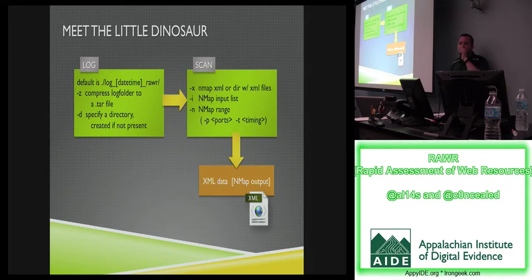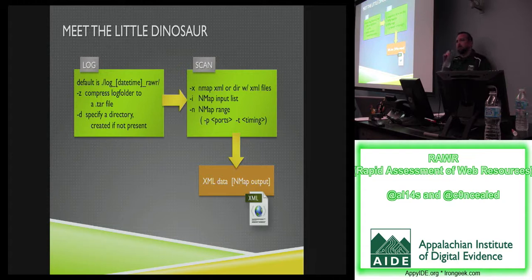We can tell if it's running web services. And so RAWR is designed to take that and take you all the way to your analysis, or what would OWASP call it? Is it the enumeration phase? Discovery. Okay. To take you as far along as we can, we'll just say that.